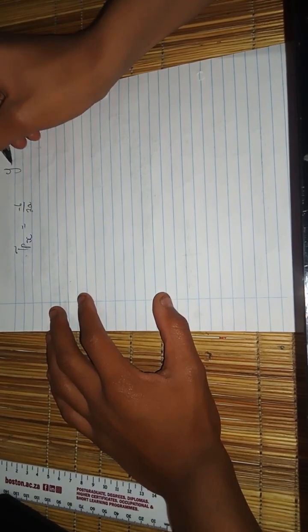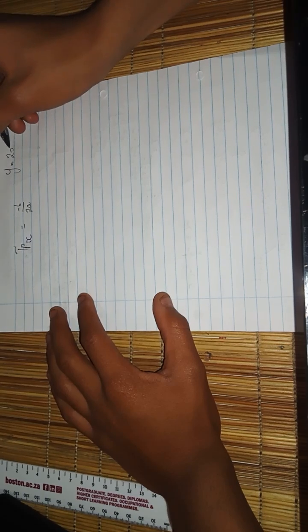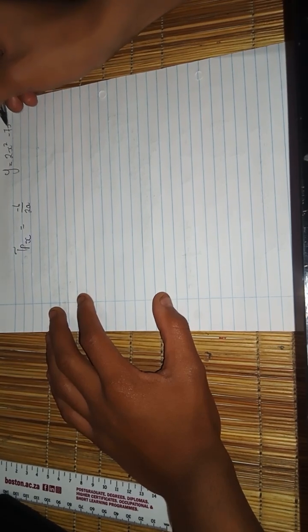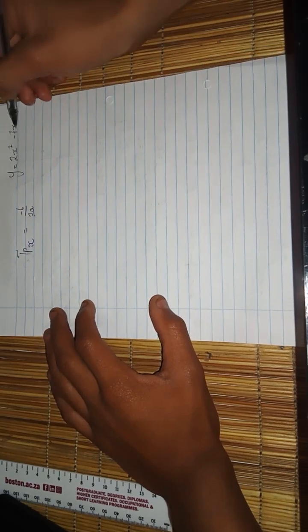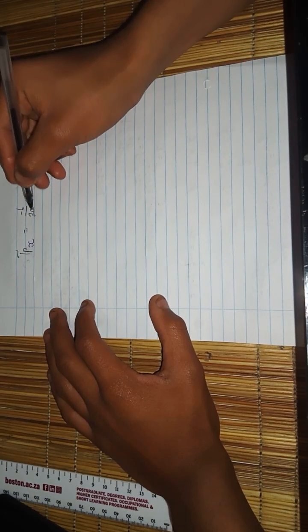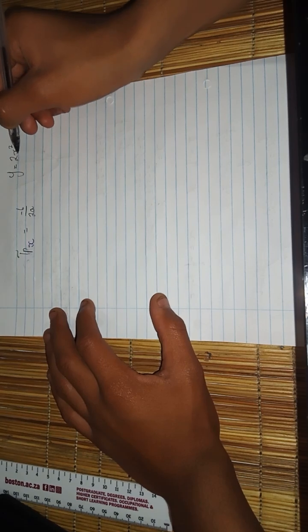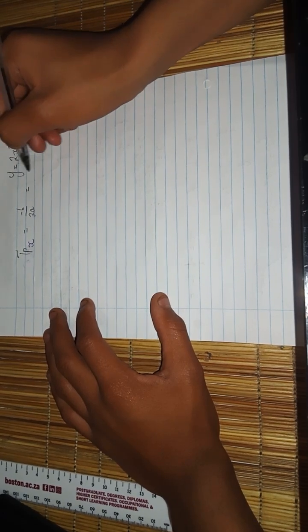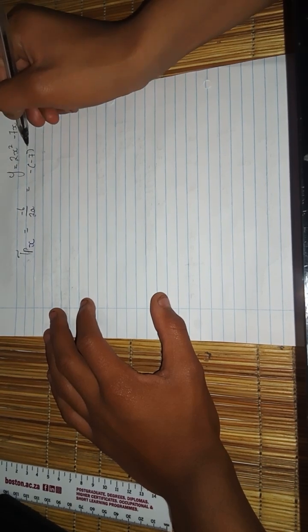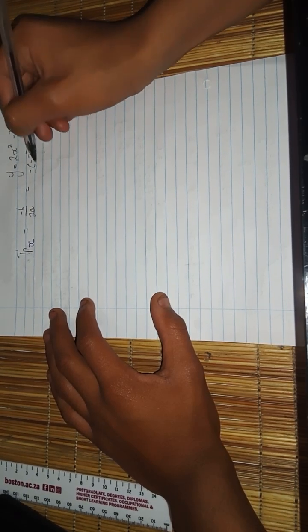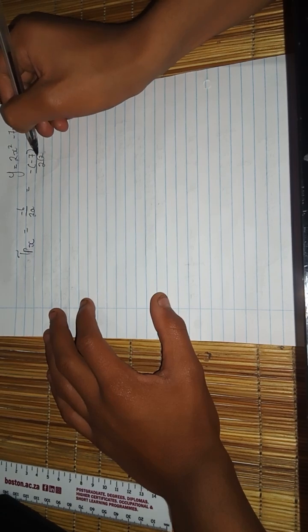Let me remind you of the equation. The equation we had was y is equal to 2x squared minus 7x minus 4. Okay? That is b. That is 2 times a. So this is going to be equal to negative bracket negative 7, close the bracket, over 2 times 2.